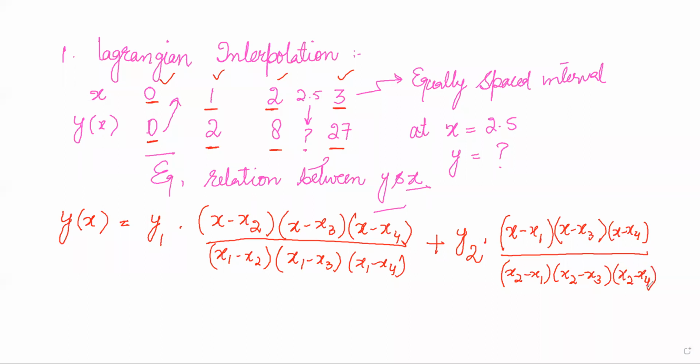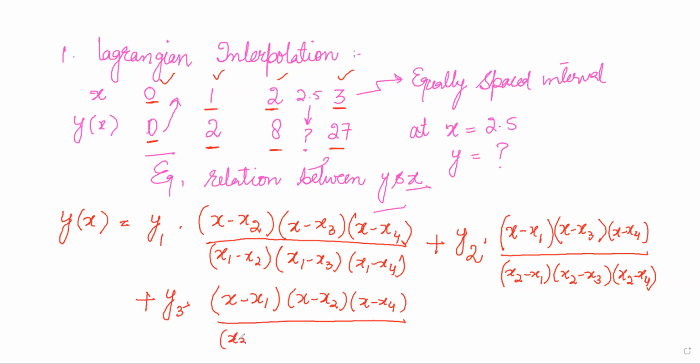Now the third term, plus y3 multiplied by x minus x1 multiplied by x minus x2 multiplied by x minus x4, with no x minus x3, divided by x3 minus x1 multiplied by x3 minus x2 multiplied by x3 minus x4.